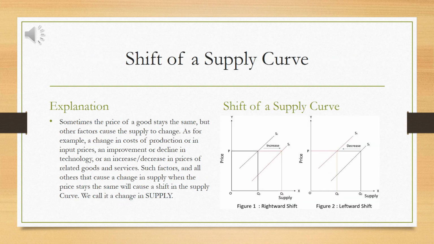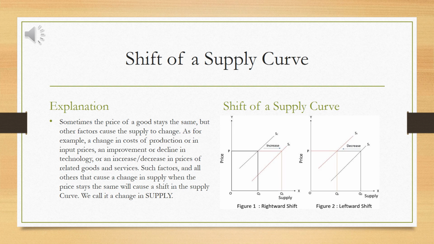Sometimes the price of a good stays the same, but other factors cause the supply to change, as for example, a change in costs of production or in input prices, an improvement or decline in technology, or an increase or decrease in prices of related goods and services.